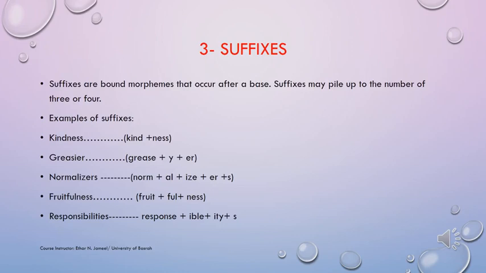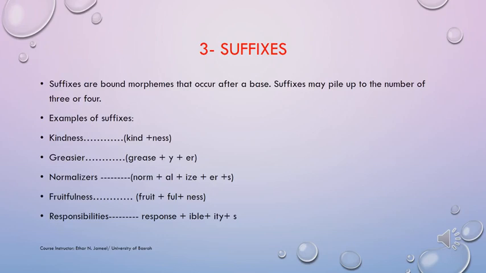So their position is after the base. And there is a note that says they may pile up to the number of 3 or 4. It means that we can have 1, 2, or even 3 or 4 suffixes after the base.